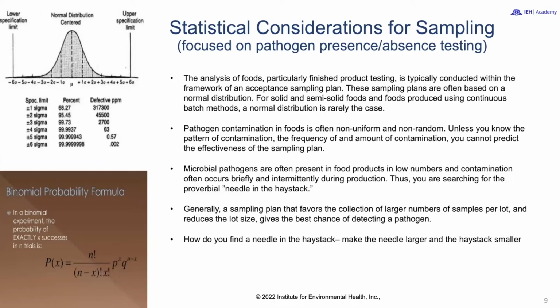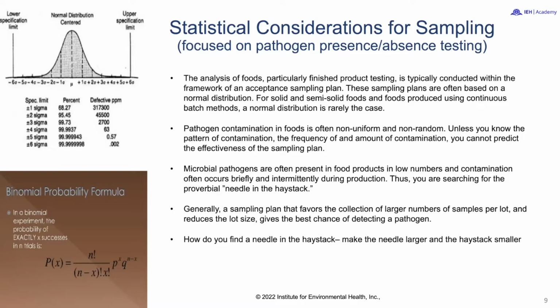And in fact, there are a number of food products out there where if they become contaminated, they could very well have a contaminant that indeed follows this normal distribution, this so-called bell curve.